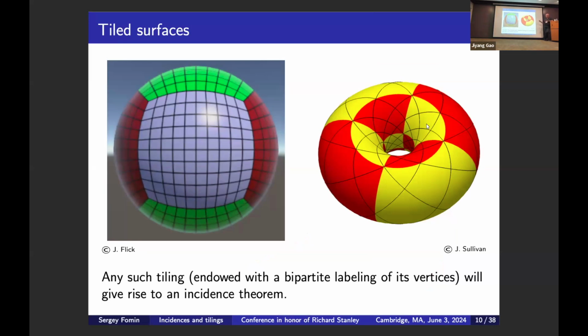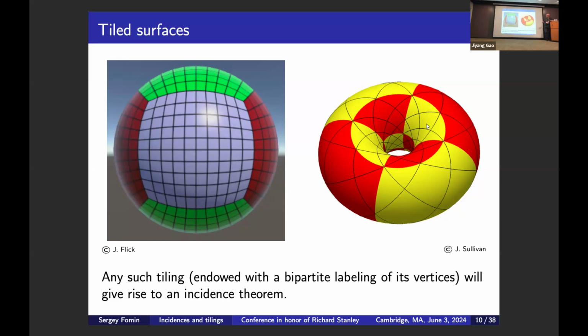Everything is topological. There are no distances here, or curvatures or anything like that. You are just thinking of each of these surfaces as a deformable thing. Okay. So each such tiling, we claim, gives rise to an incidence theorem.